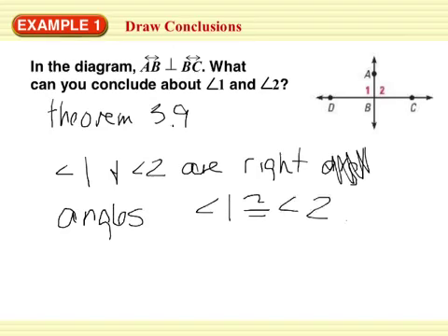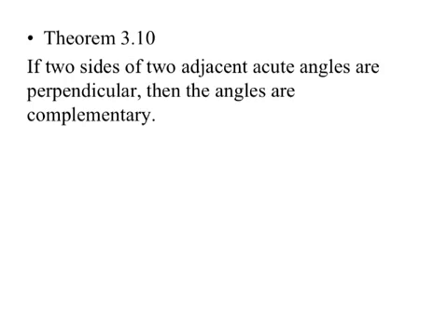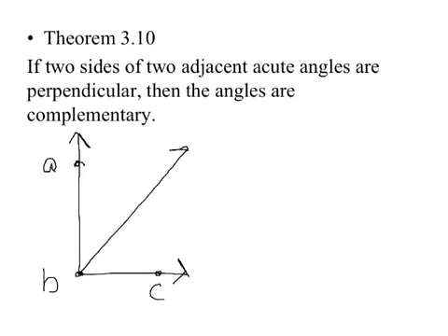Another theorem. If two sides of two adjacent acute angles are perpendicular, then the angles are complementary. Let's draw that. Hopefully it'll make better sense. Okay, I have adjacent angles here.